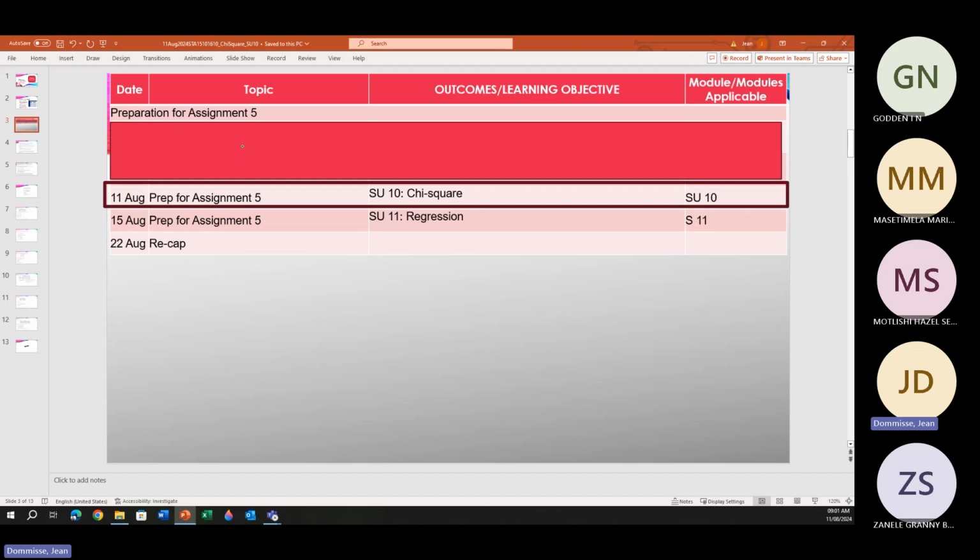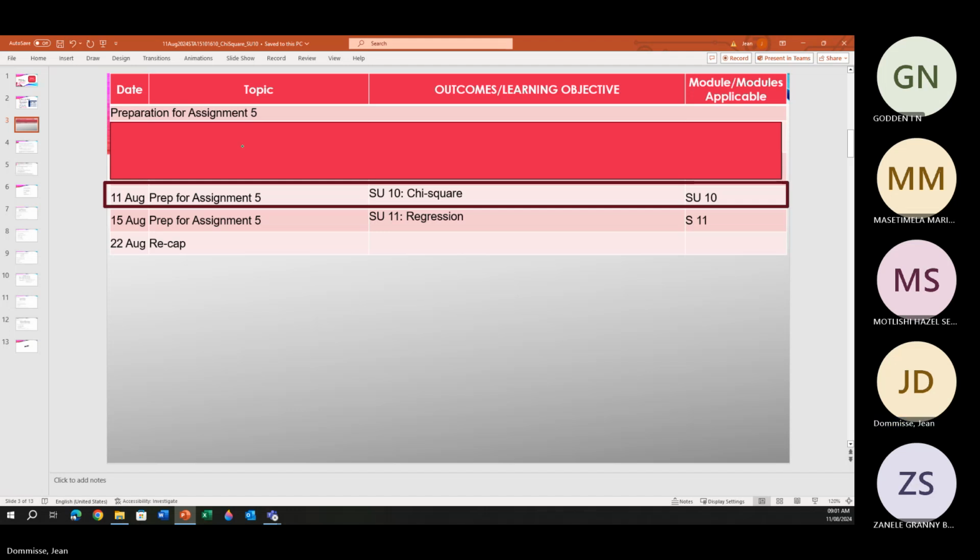So basically, what we're doing with chi-square is we are trying to establish if two variables are independent from one another.